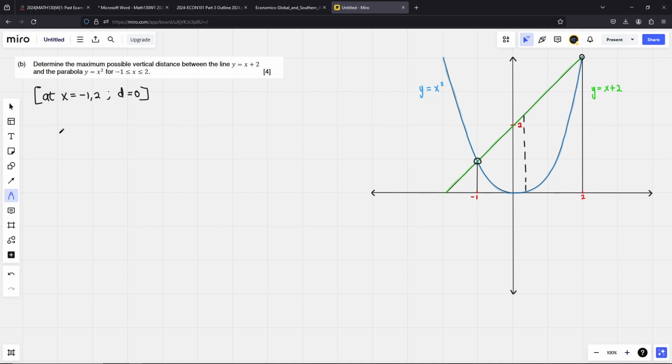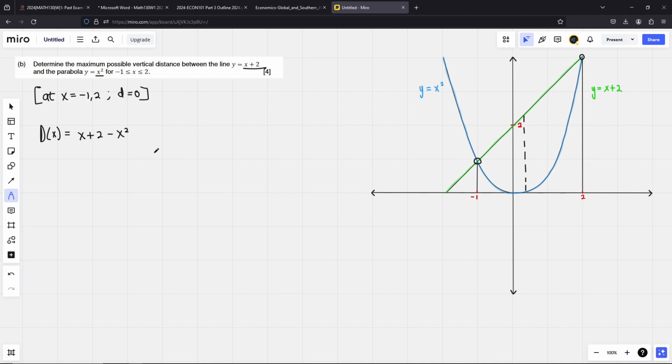So let's call this new function d(x). This is going to be my vertical distance. My top function minus my bottom function is going to give me the distance at any x value.